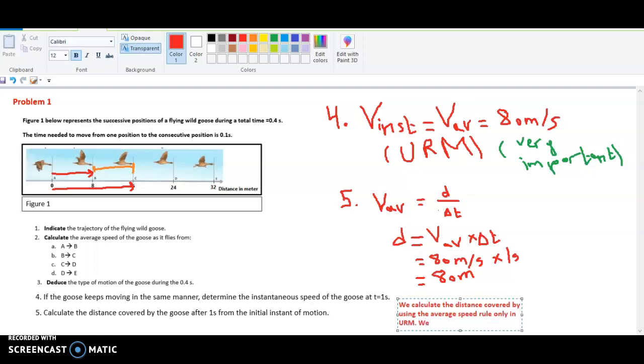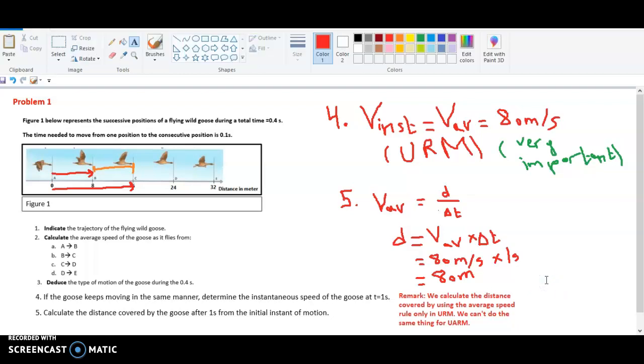We cannot do the same thing for UARM, and we will see this in the upcoming exercises. So this is a very important remark.